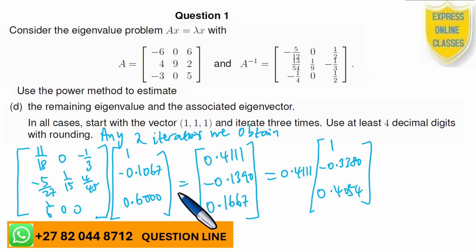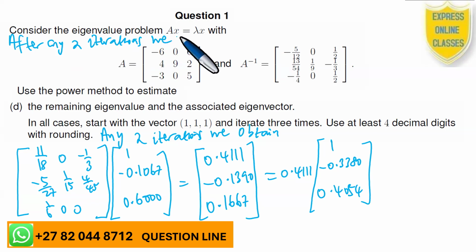And with this mentioned, we actually noted that after any 2 iterations, we obtain the following.